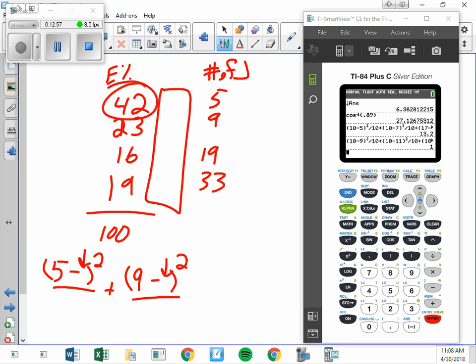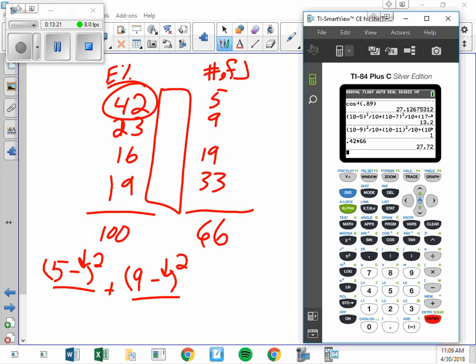So how many jurors would that be? It would be 42% of the sample. So we should do 42% of 66. 0.42 times 66. That's the total number of jurors, right? Now, it doesn't make sense to use 27.72. So 28.